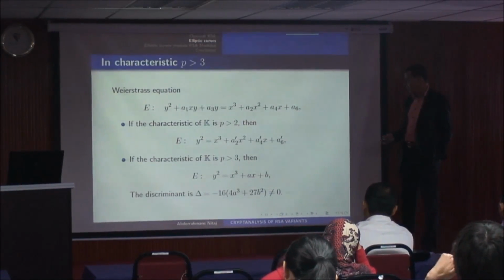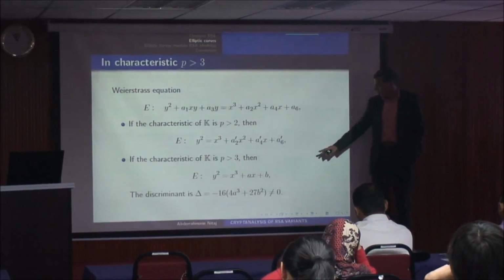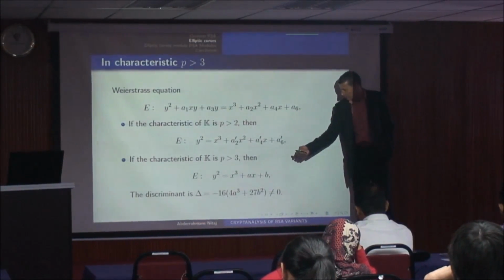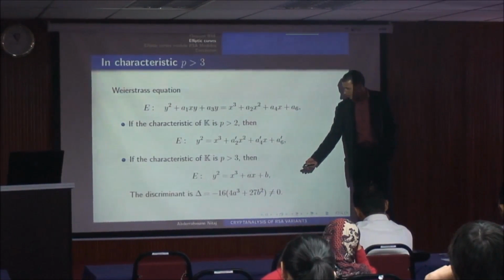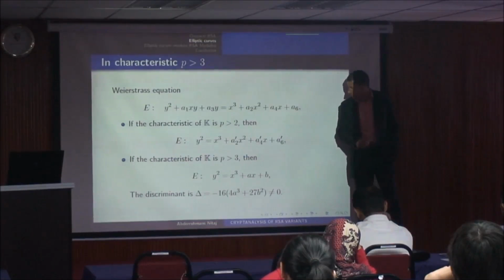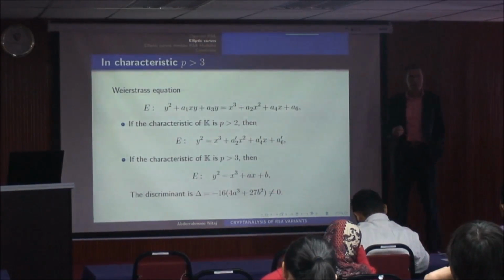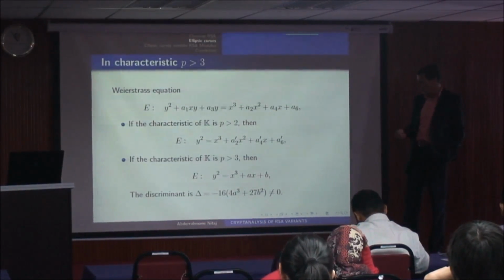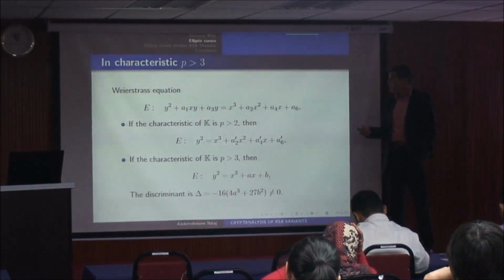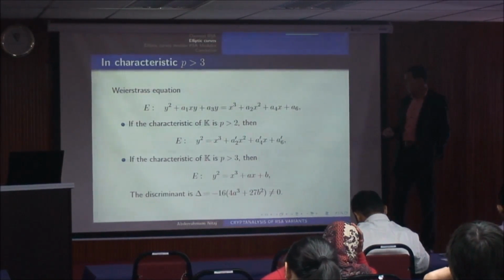Using A and B, we find that the discriminant of the elliptic curve is this one, and the main condition on the discriminant is that it must be different from 0 to get an elliptic curve.